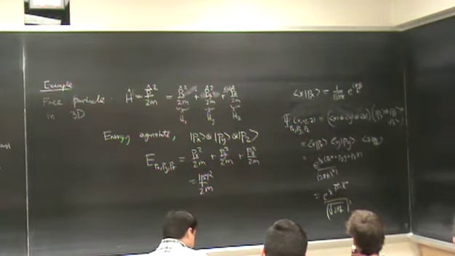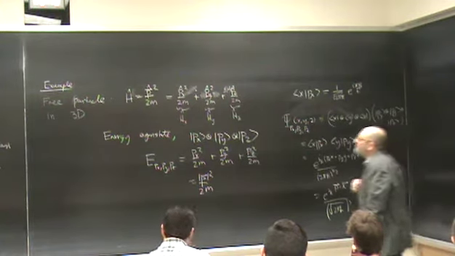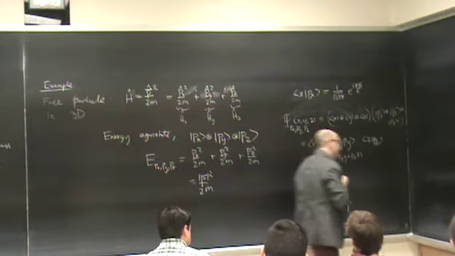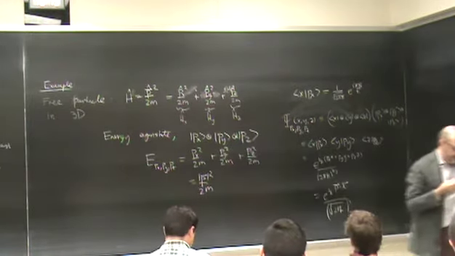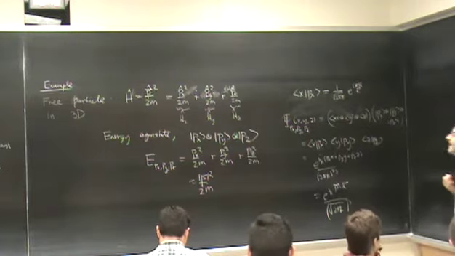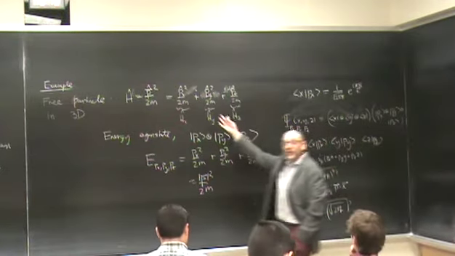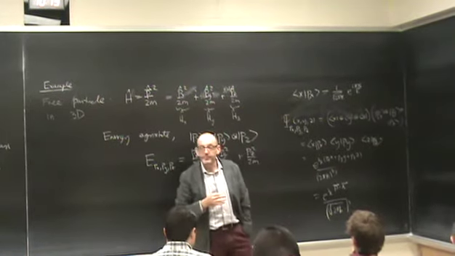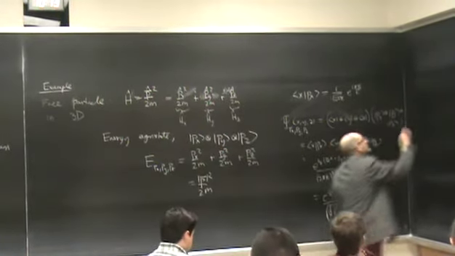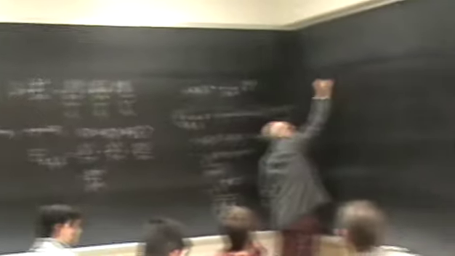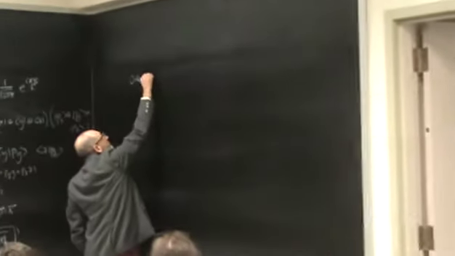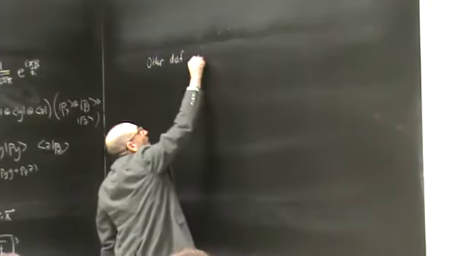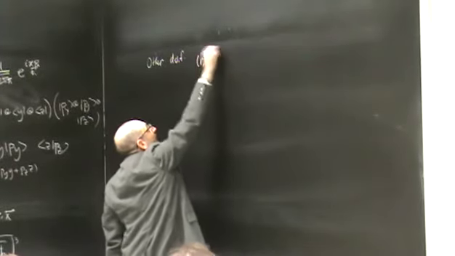All right. Now, let's get to, as Keith suggested, we have different ways of assigning degrees of freedom to the system. Okay. Right. I can talk about r, theta, and phi.